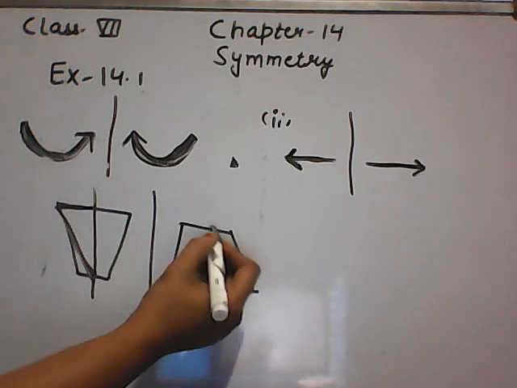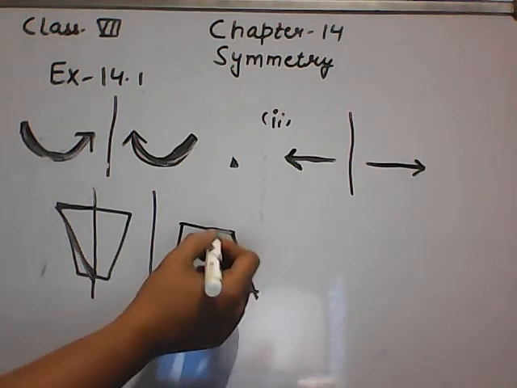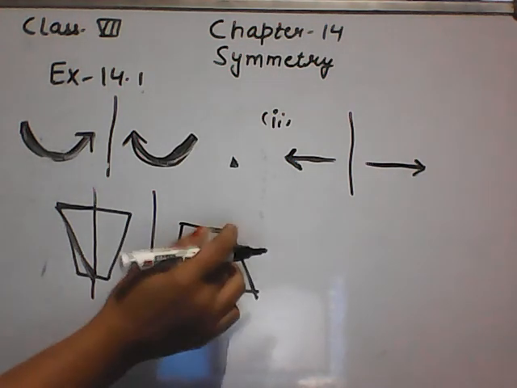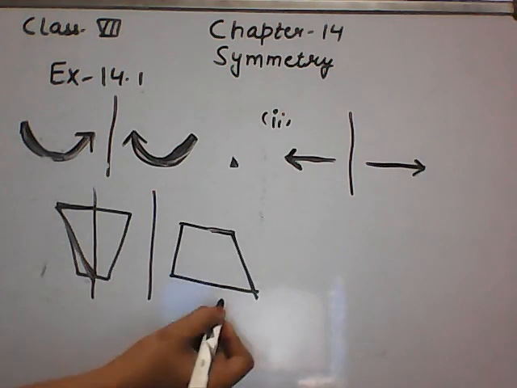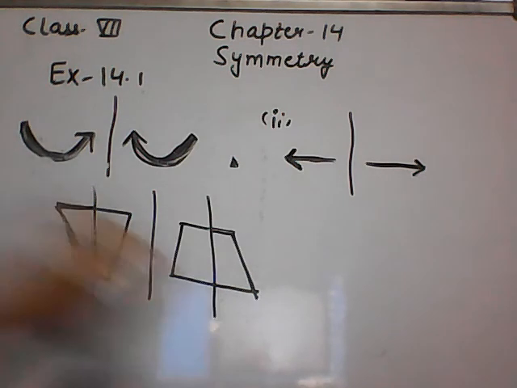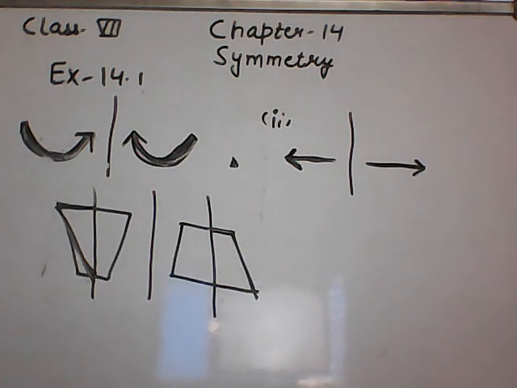This left part does not become the right part. So there are no left-right changes in these two figures. So we can say these figures are not mirror images. In this way you can solve questions related to line symmetry and mirror reflection. Thank you.